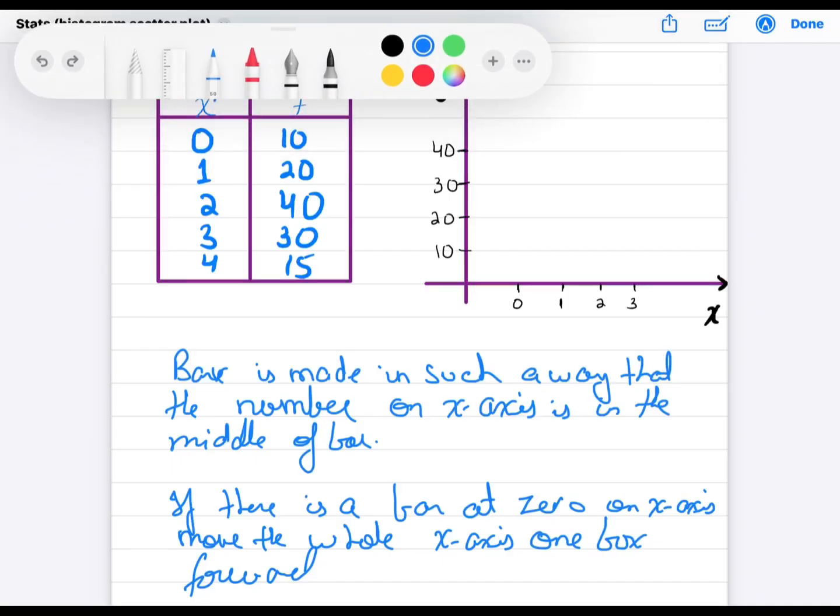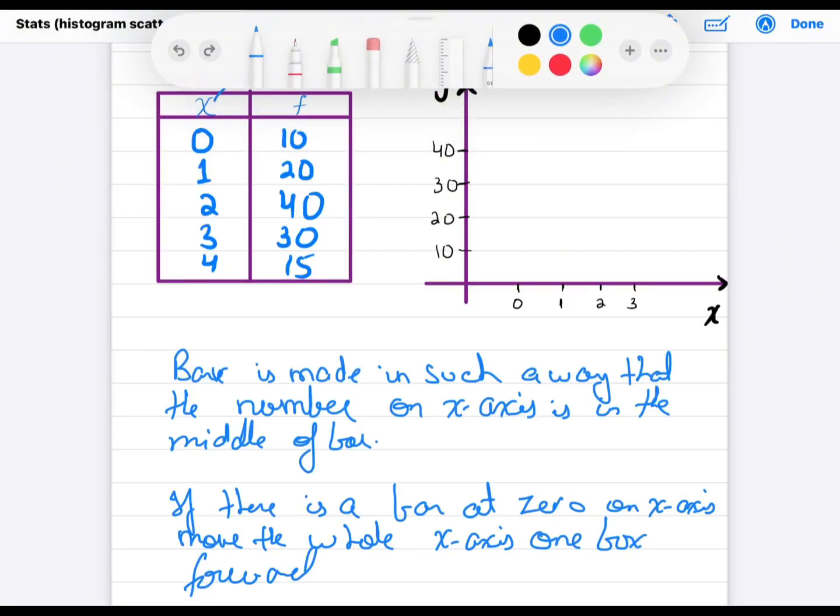Now the next thing is we have to make a bar. How can we make a bar? Remember that the first is 0 to 10. So I have to make a bar up to 10, and remember that the number should be in the middle of the bar. So this is bar number 1. Now 1 to 20.